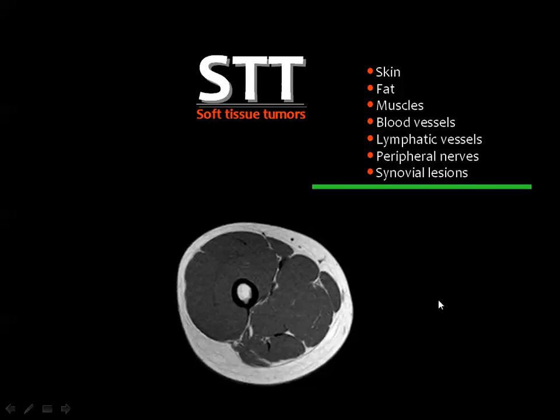As a general rule, the initial evaluation is usually carried out by X-rays and ultrasound. Although many of you will feel that X-rays are of limited value, actually X-rays have an important role in the evaluation.